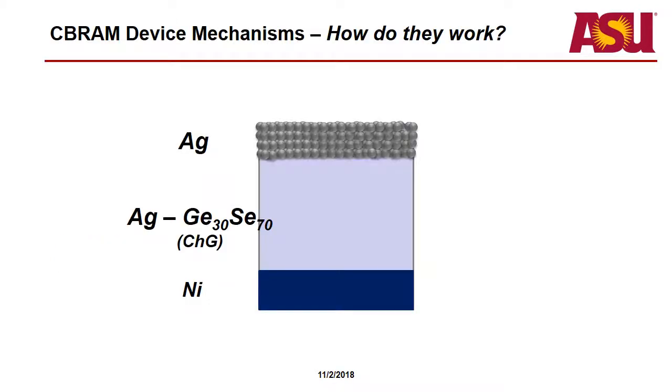Okay, so here we have our standard cell. We've got an anode of silver, which is an active metal, easily ionizable. We have germanium selenide doped with silver, which turns that chalcogenide glass into an ionic electrolyte. And then we have a nickel cathode.